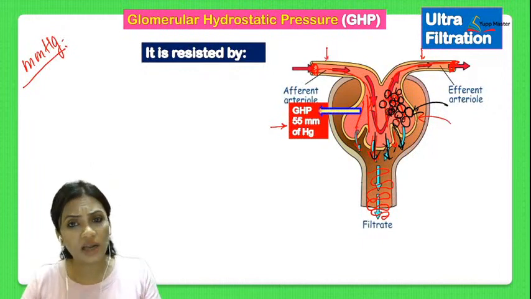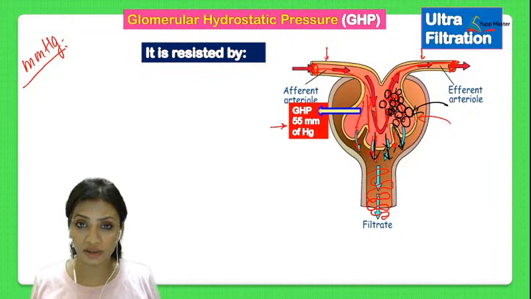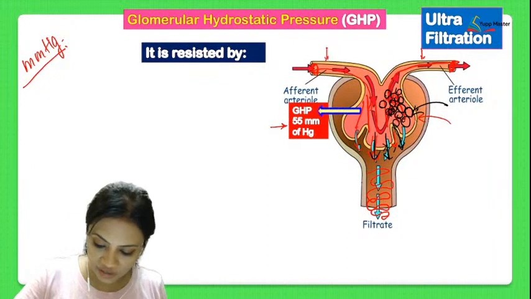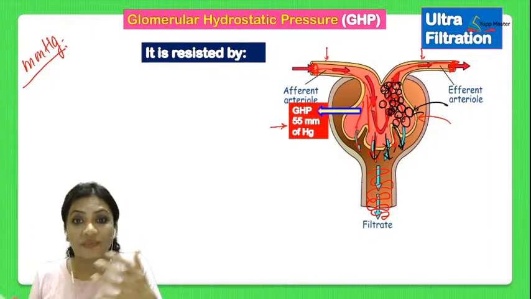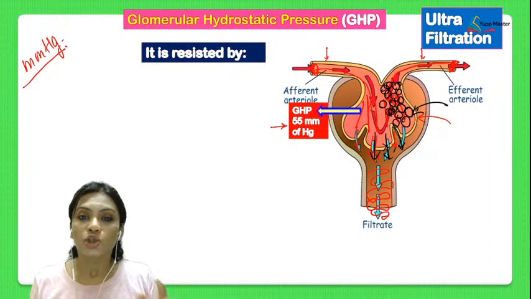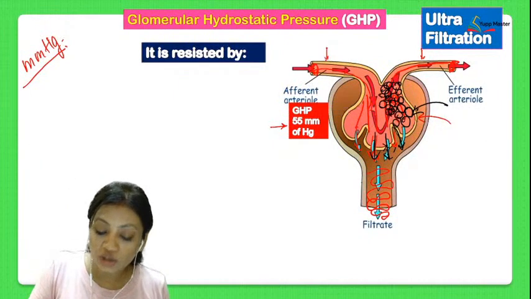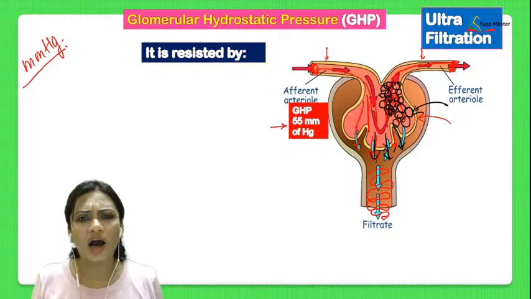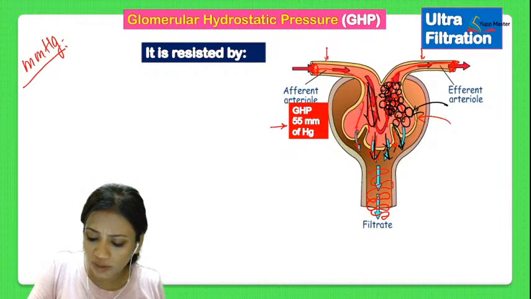Now if these large molecules accumulate on one side, what will happen eventually with a period of time? Won't this go ahead and block all of it? And if it is blocked, then there will be no filtration continuing. That would be a major problem. So what does it need to do? These large molecules which are here are going to send a signal to the blood which is flowing down here.